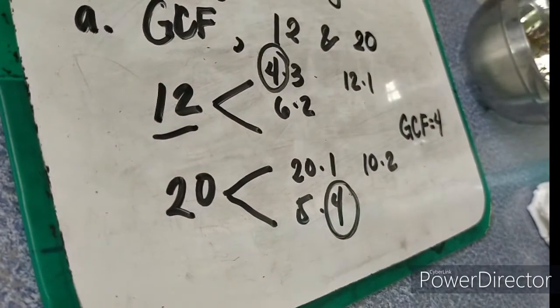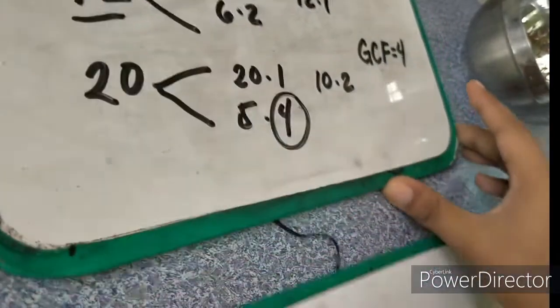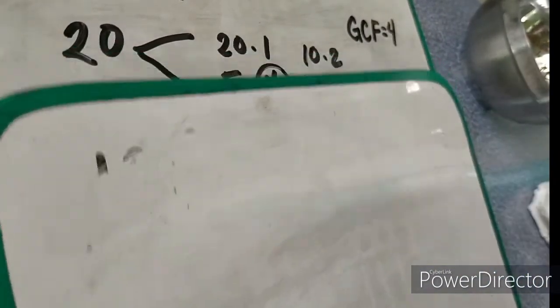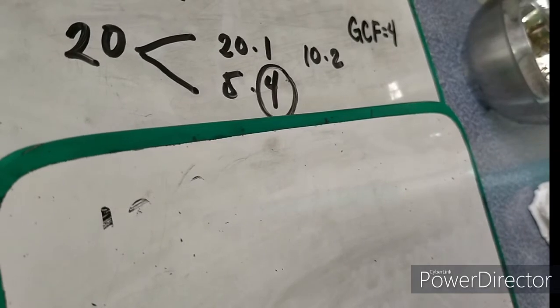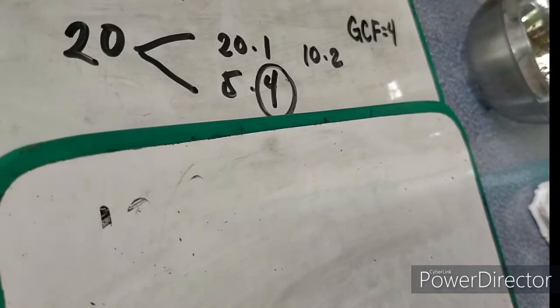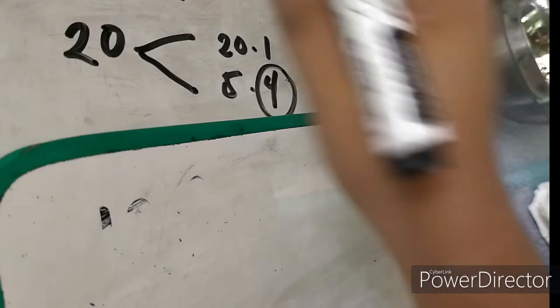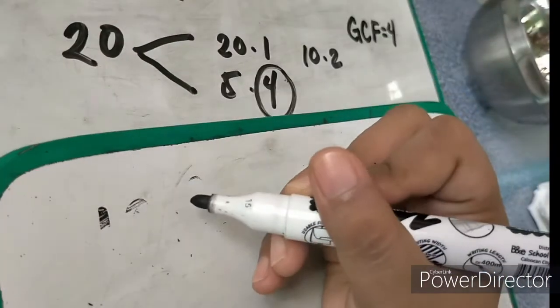Let's have step 2. For step 2, we will have to find the variable with the least exponent that appears in each term of the polynomial. So, let's have the variables without the coefficients.